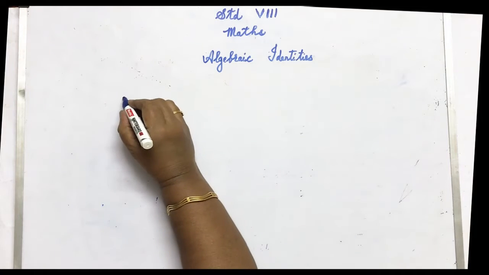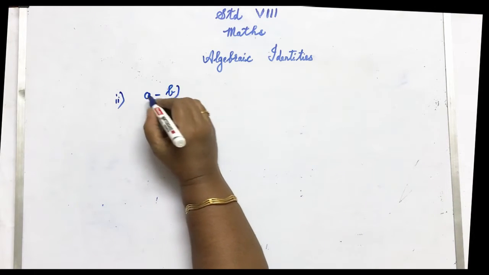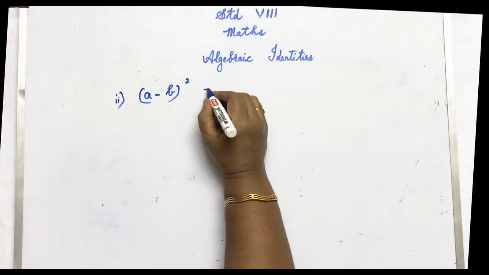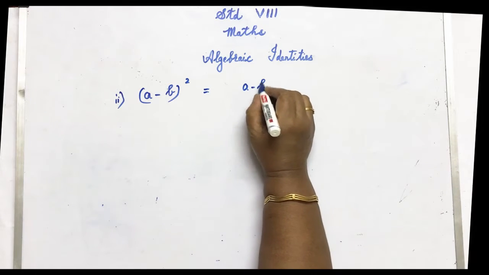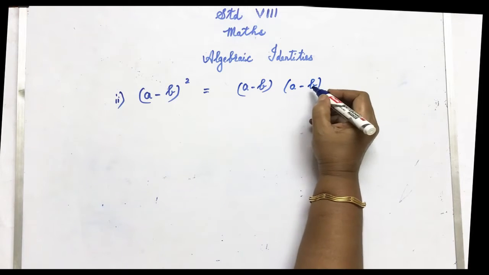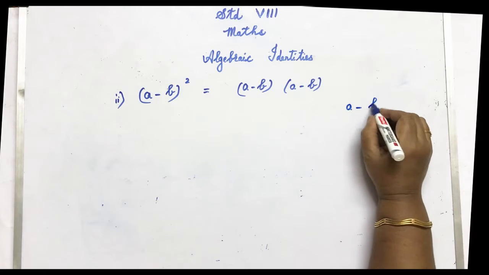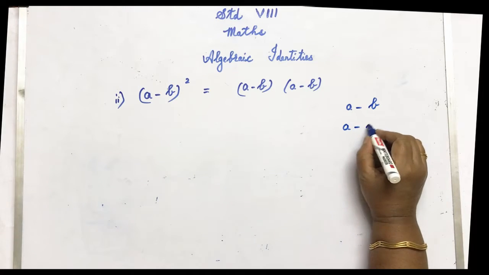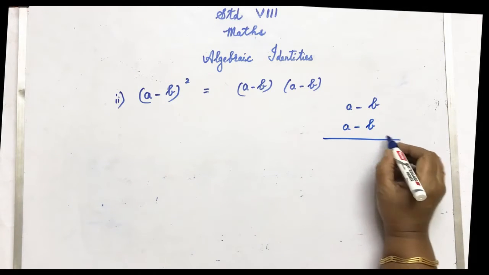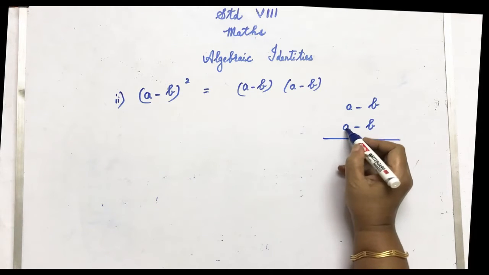The second identity is (a minus b) whole squared. Now this can be written as (a minus b) into (a minus b). In the same way we have to multiply and find the answer. First we multiply this expression with a.